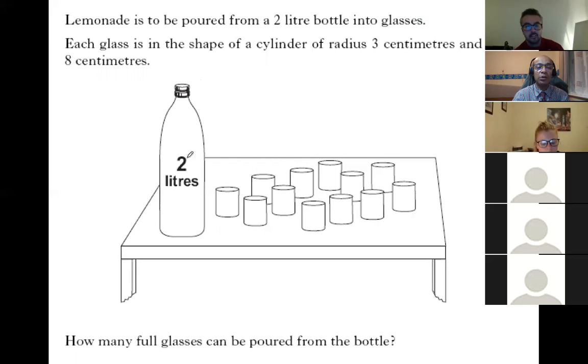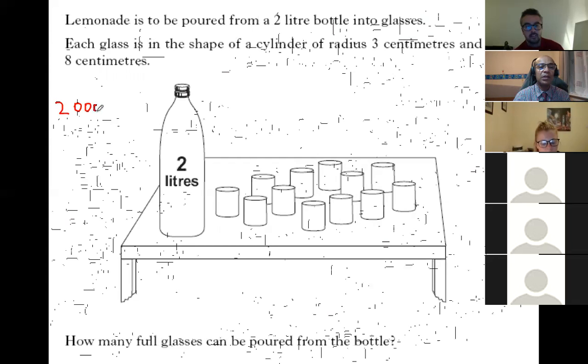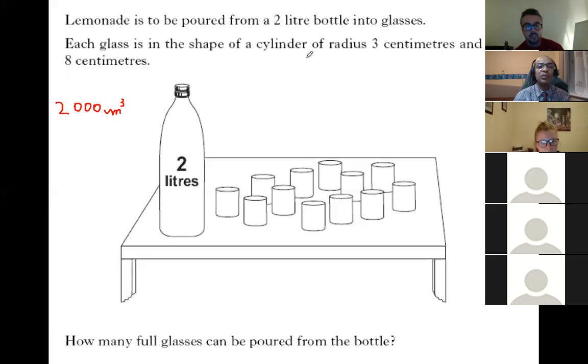Straight away in my head, a 2-liter bottle is 2000 milliliters or 2000 centimeter cube. So I'm putting that on the side, in centimeter cube, because I can see a question coming with glasses that are 3 centimeter and 8 centimeter. I would rather work with all the same units.